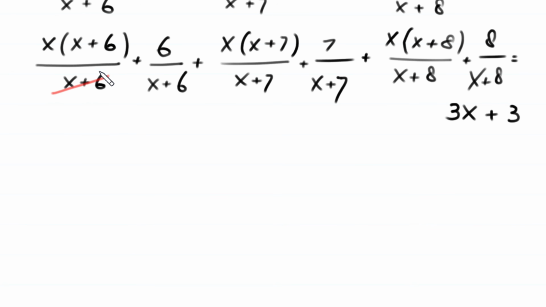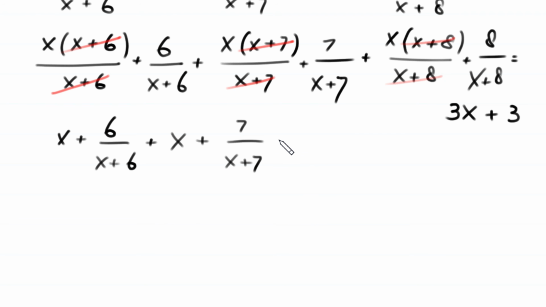Now this x plus 6 will be cancelled out, this x plus 7 will be cancelled out, and this x plus 8 will be cancelled out, and we are left with x plus 6 over x plus 6 plus x plus 7 over x plus 7 plus x plus 8 over x plus 8 equal to 3 times x plus 3.